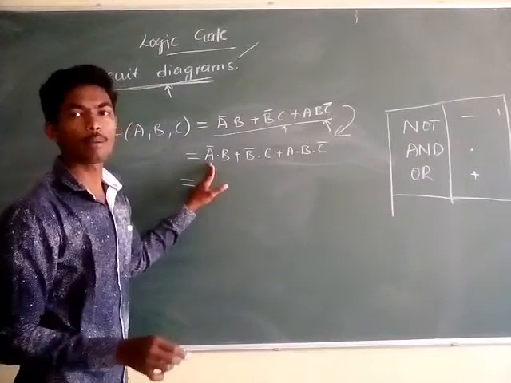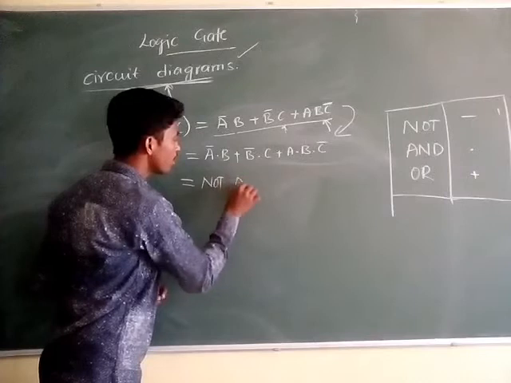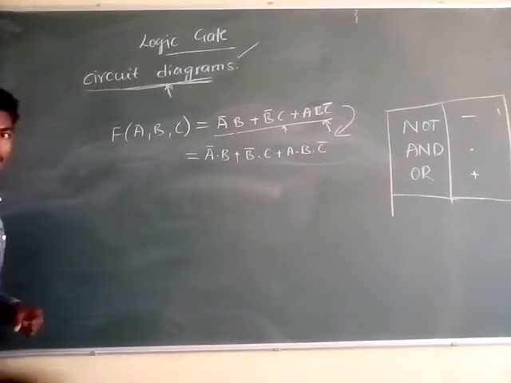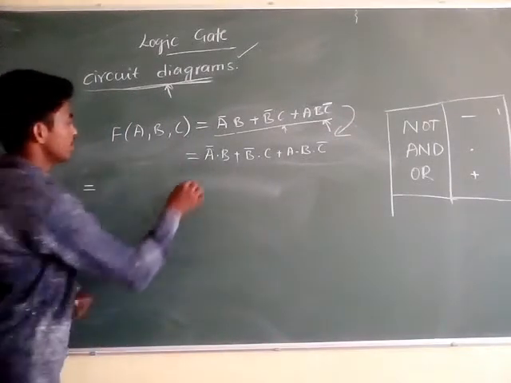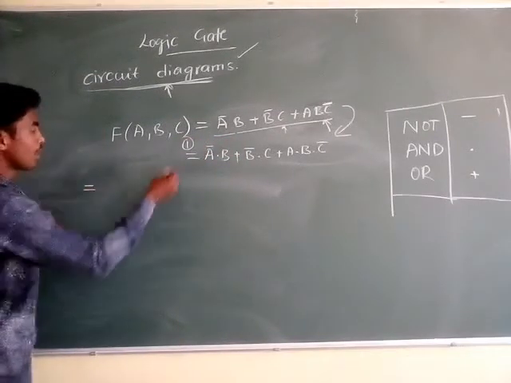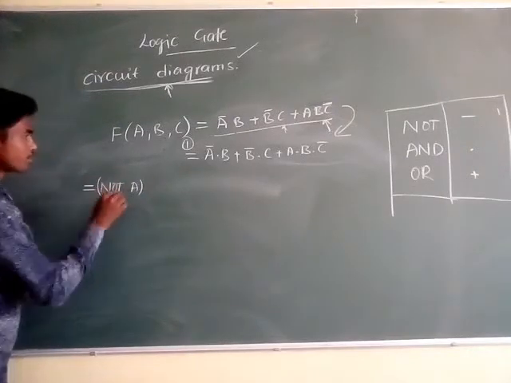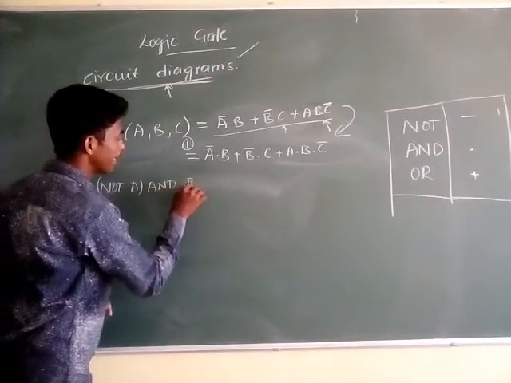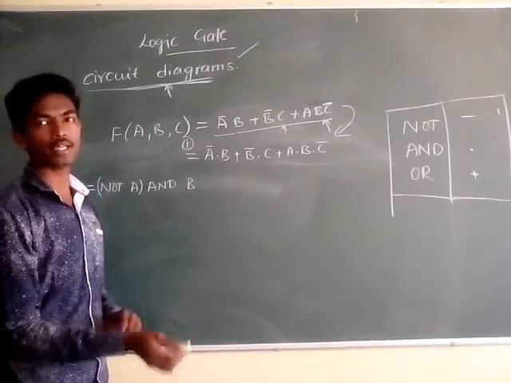Then A complement can also be written as NOT A. This is the second step. A complement is written as NOT A, the dot is written as AND, then B, and the plus is written as an OR gate.